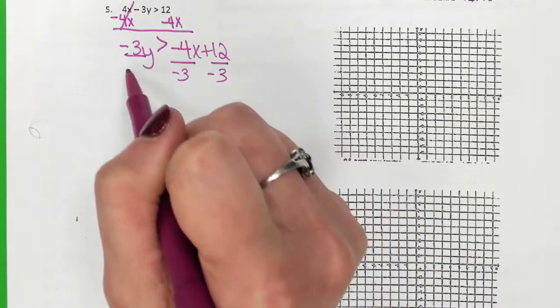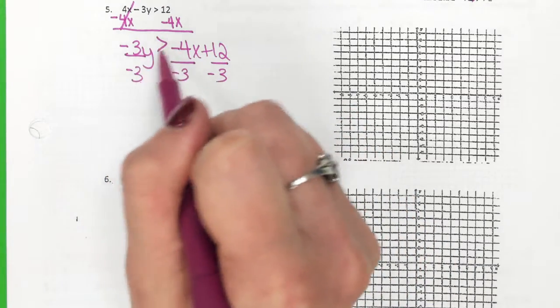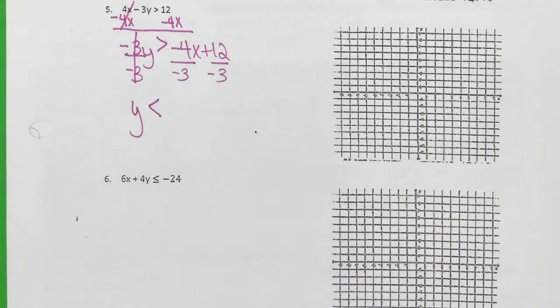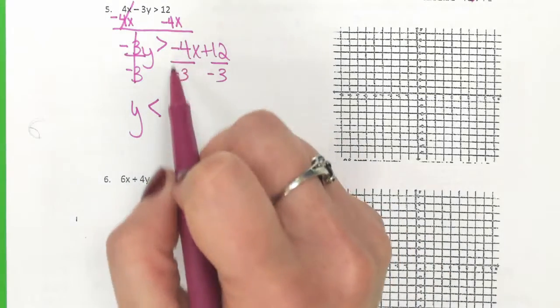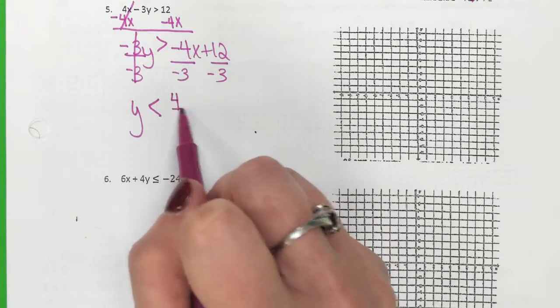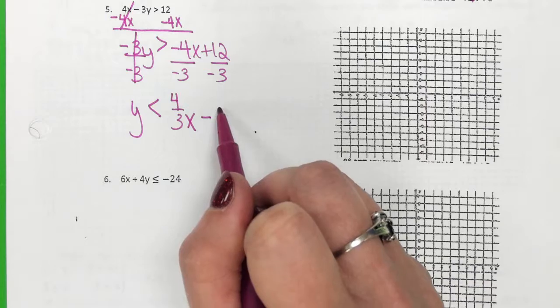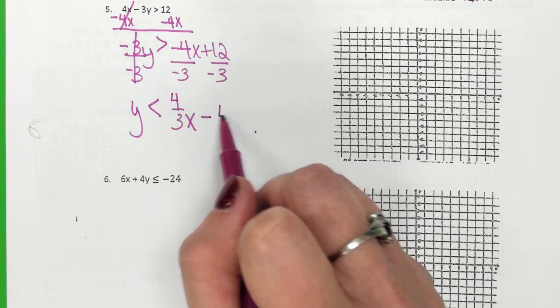What sign swaps? The greater than sign. Or you multiply by a negative number. Yep, as long as it's by a negative. So instead of greater than, it changes to less than. And then 2 negatives make a positive. And then 12 divided by negative 3 makes negative 4. There you go.